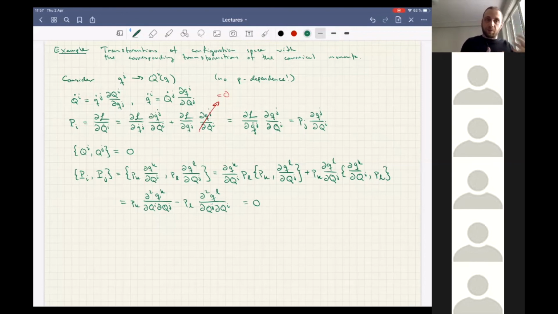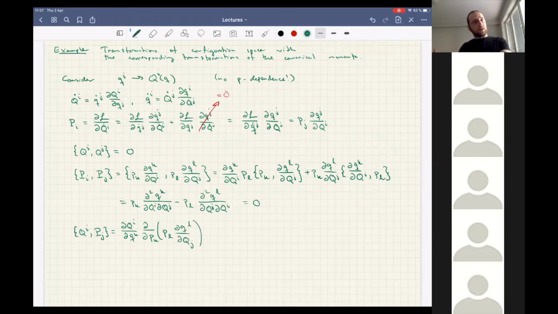So the Poisson commutators of the q's with themselves are 0. The Poisson commutators of the p's with themselves are 0. The remaining thing is the Poisson commutator between the q's and the p's. Now, if we compute this, what we're going to find is dQ i by dq k, and then p k acting on p l, dq l by dQ j, right?